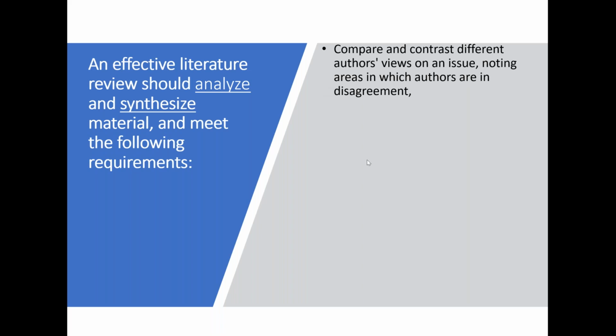So looking at where there might be agreement or disagreement on a particular issue. You might want to look at aspects of methodology. So for example, maybe earlier studies used a small sample size. Maybe there's some other aspect of methodology that you can look at. Definitely want to highlight exemplary studies. Again, we'll look at how you know what's an exemplary study.